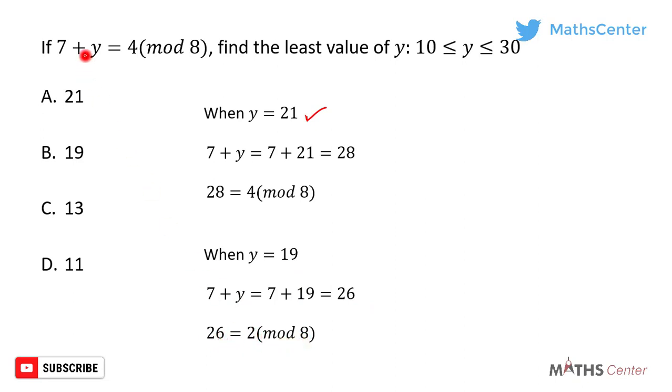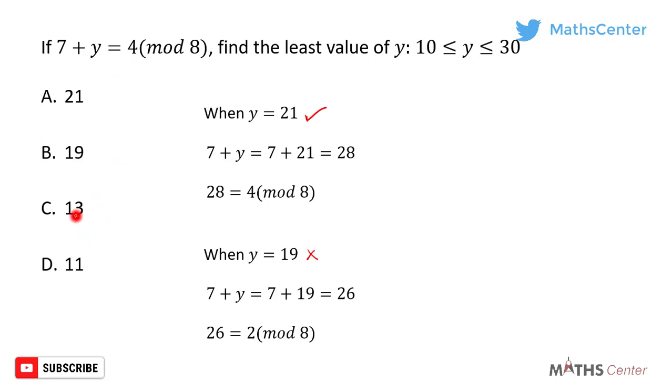Here, we know that the value of 7 plus y in mod 8 should be 4, but what we are getting is 2. So when y is equal to 19, this equation is not true. Let's test the other ones too and see.